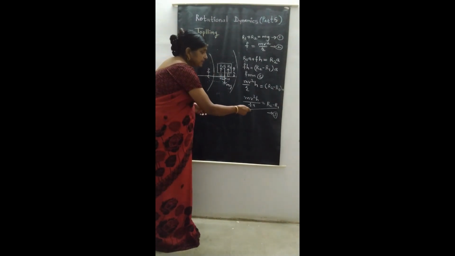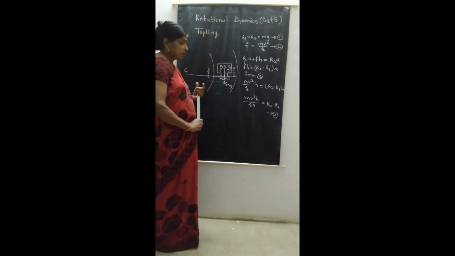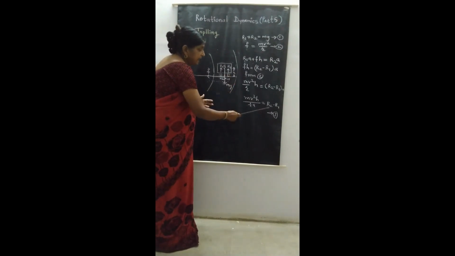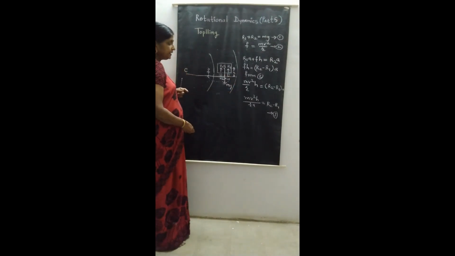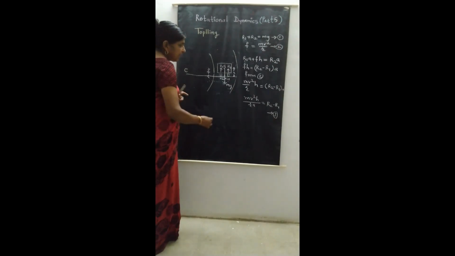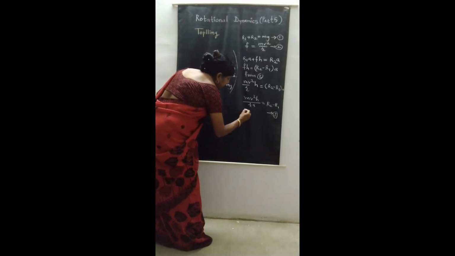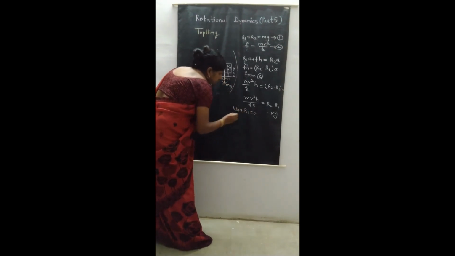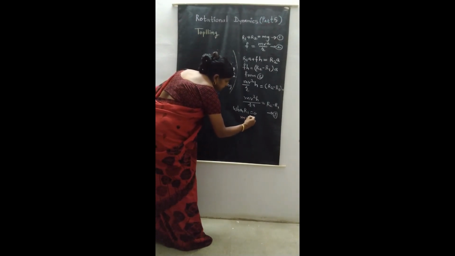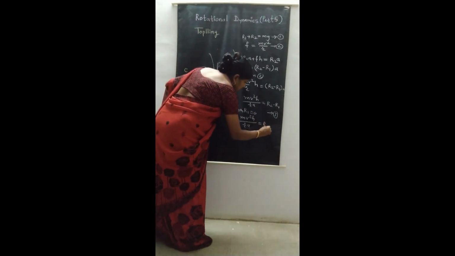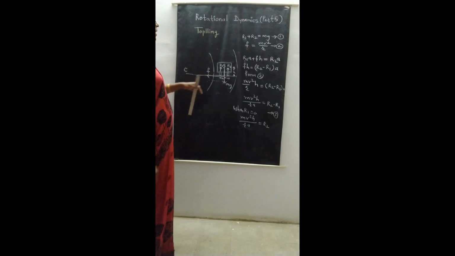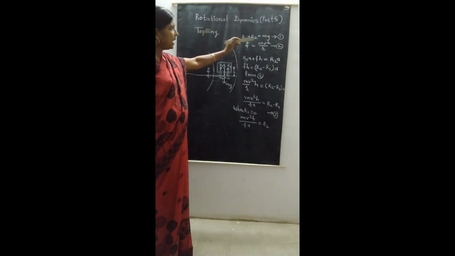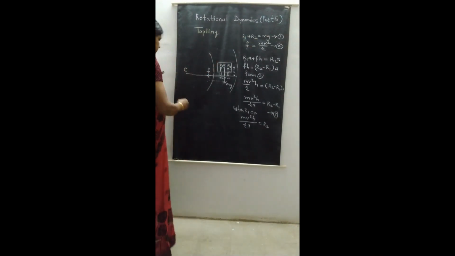Now we are making this R1 0. And when R1 becomes 0, we get the equation as mv square h upon Ra is equal to R2. As R1 is 0, R2 is equal to mg.